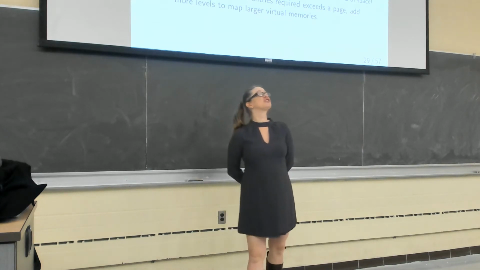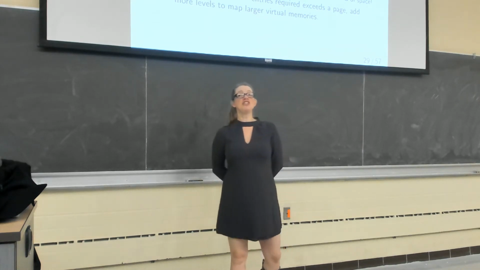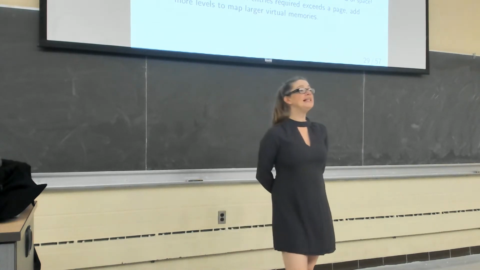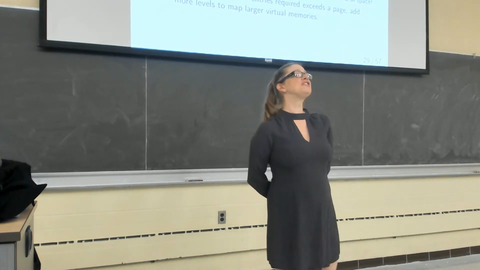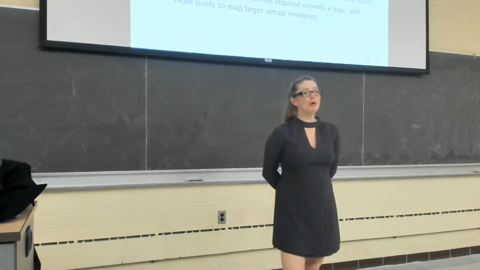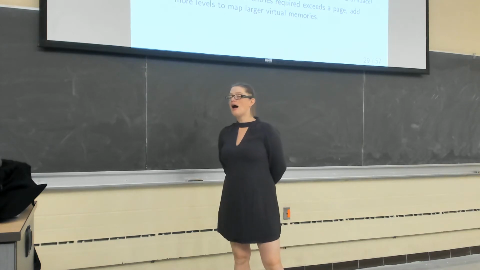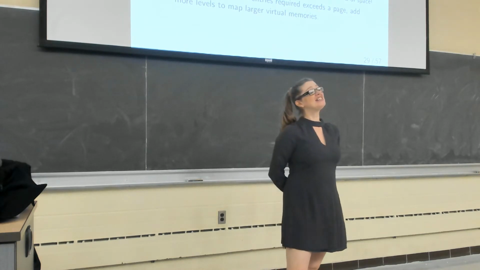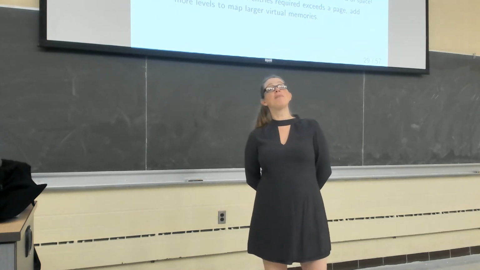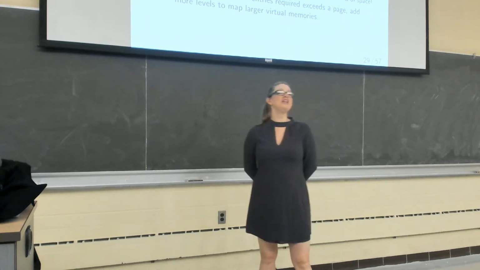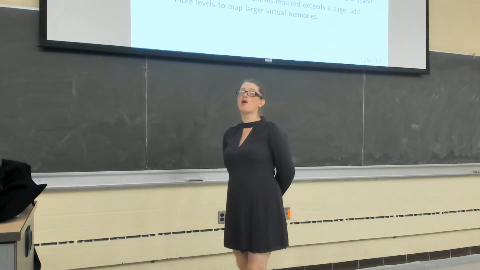Disk operations are slow. Not just slow, they are really, really, really slow. Orders of magnitude slower. And we want to make sure that when I need to load part of my page table from the disk, I have as few reads and writes as possible.